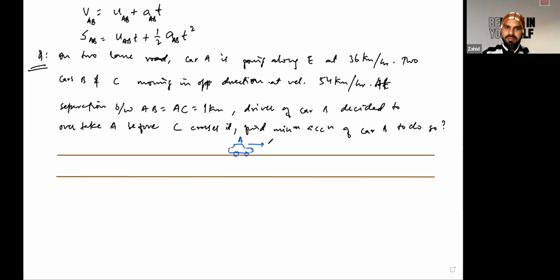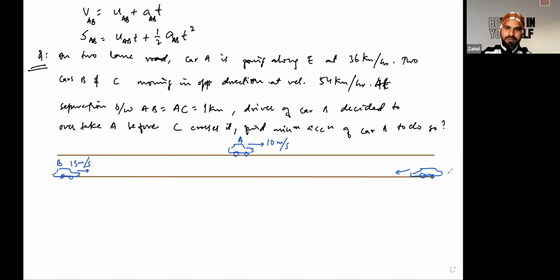If you multiply it by 5/18, it will be 10 meters per second. Two cars, C and B, are moving in the opposite direction at 54 km/h. If you multiply it by 5/18, it will be 15 meters per second.